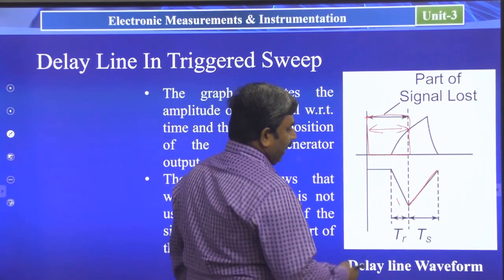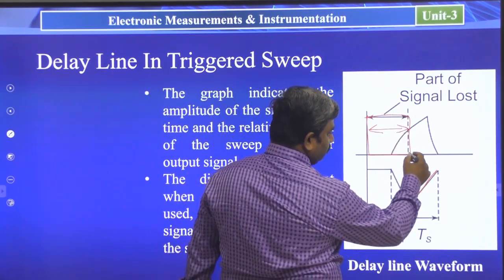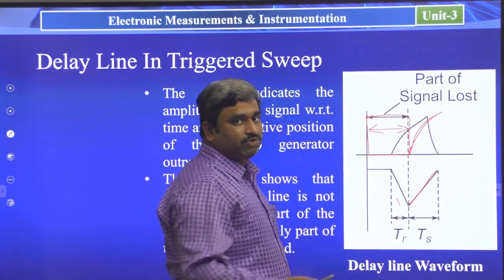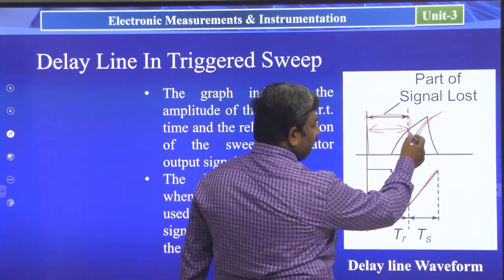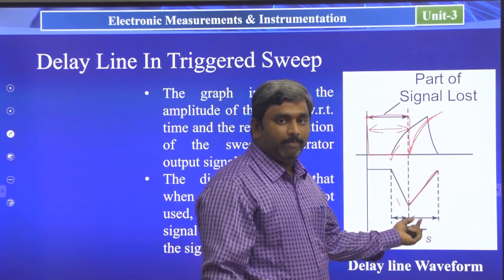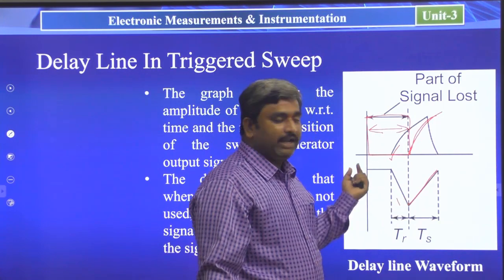Actually the signal tracing has to start here, the sweep period has to start here, but the vertical information already started before the horizontal direction information.